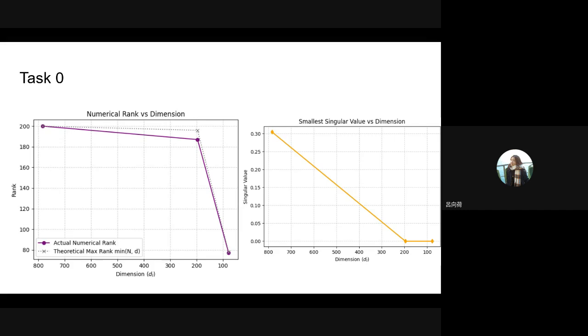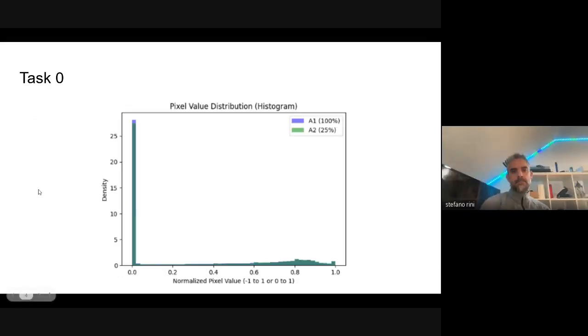This calls back to the last picture about the condition number, where the small singular value goes to 0.